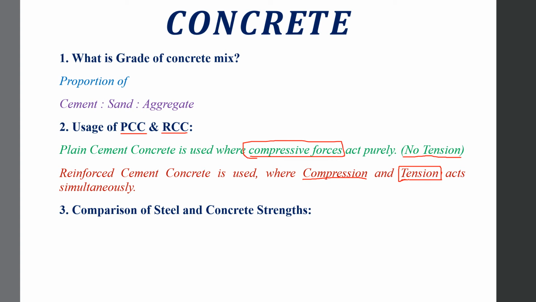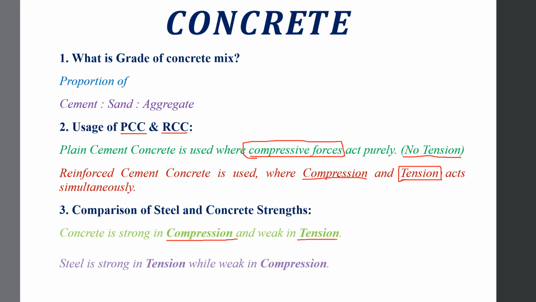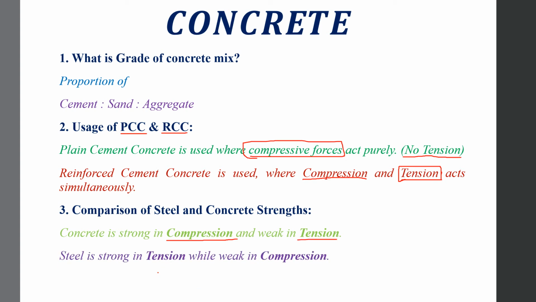Due to the involvement of steel, the tensile force carrying capacity of concrete has increased. So simply we can say that concrete is strong in carrying compressive forces and weak in carrying tensile forces. Steel is strong in tensile forces while it is weak in compressive forces.